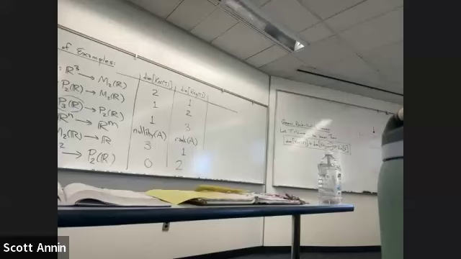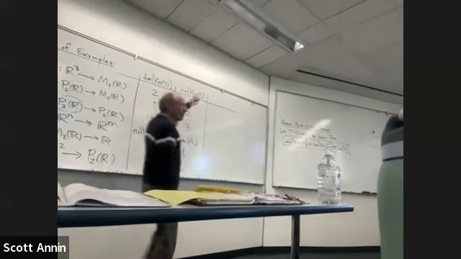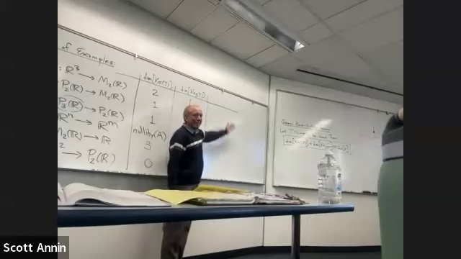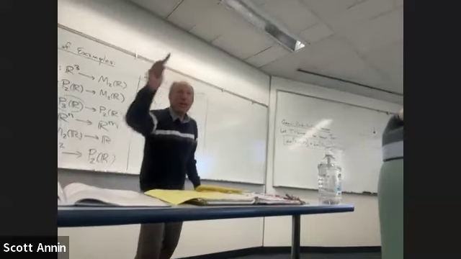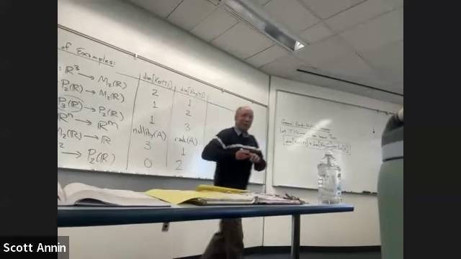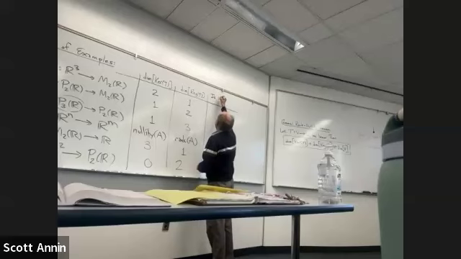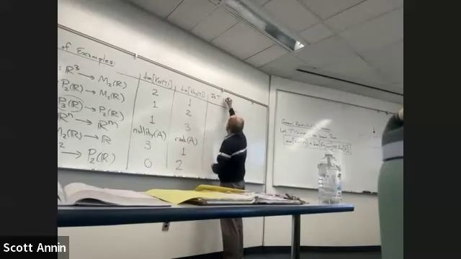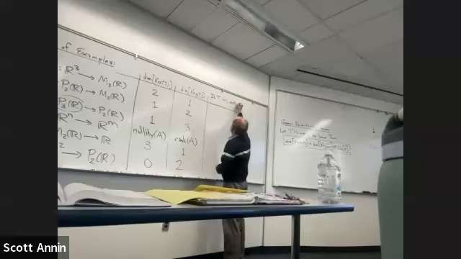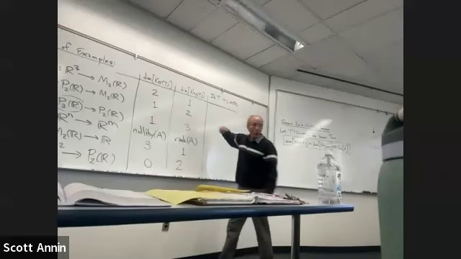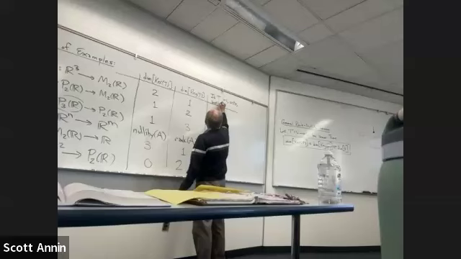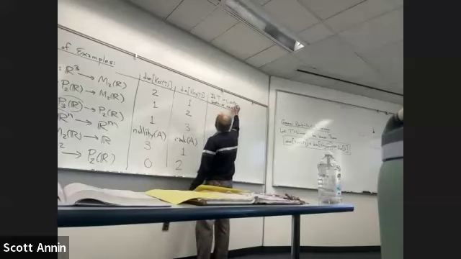Nice examples. People feeling pretty good with this? Pretty solid on it? Keep this little table handy. Did you save space for another column over here? I'm going to put a header on this column now, and then we're going to take a 10-minute break. The header is going to be, is T 1-to-1, onto, both or neither.